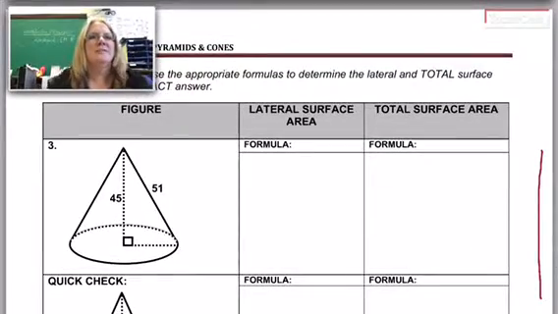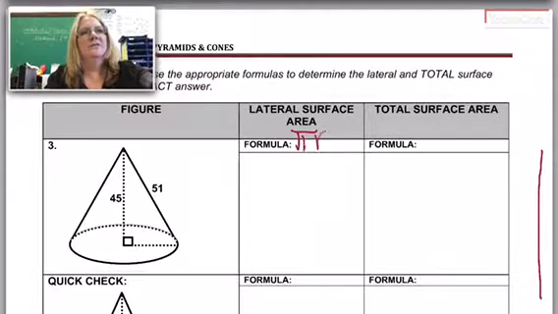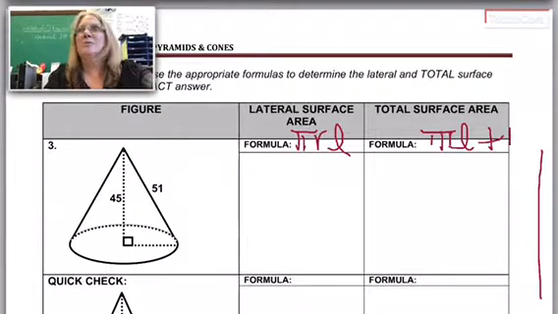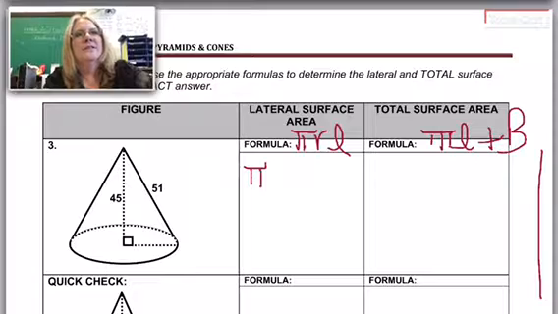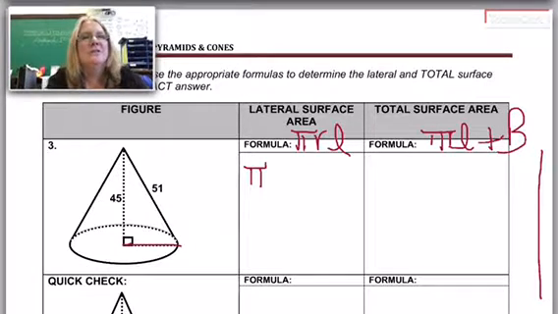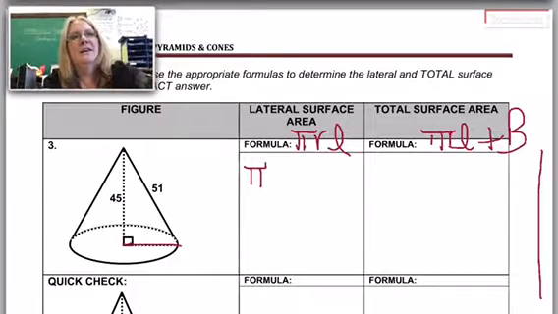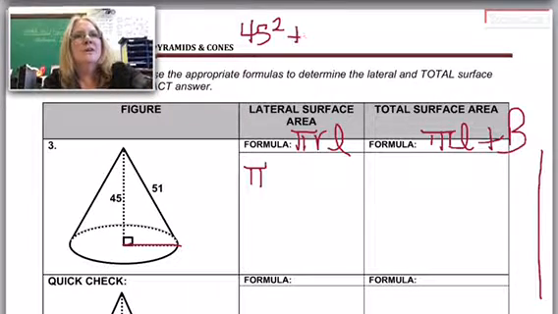So in our first example here, again, the formulas, let's write pi RL and pi RL plus a capital B. So pi, the radius here, we're going to have to use the Pythagorean theorem to find. I'll call this 45 squared plus b squared is equal to 51 squared.